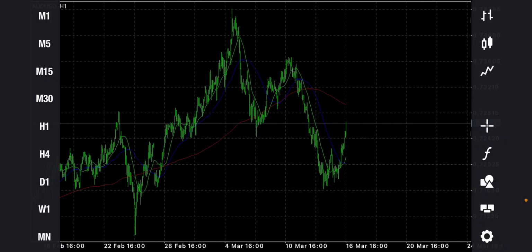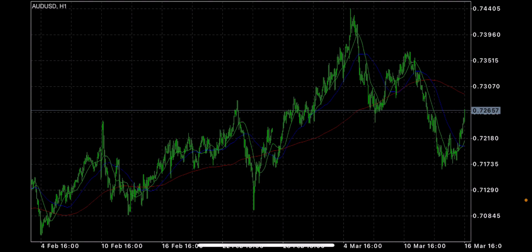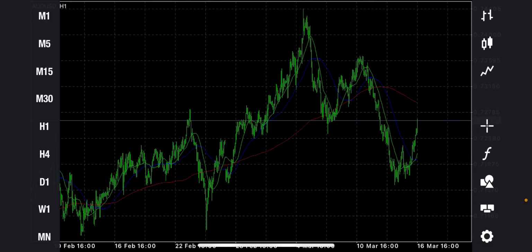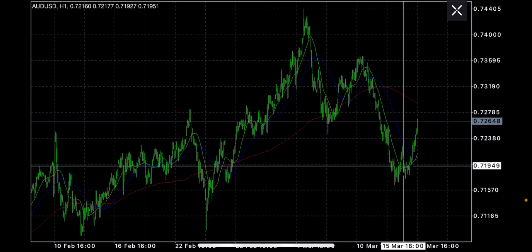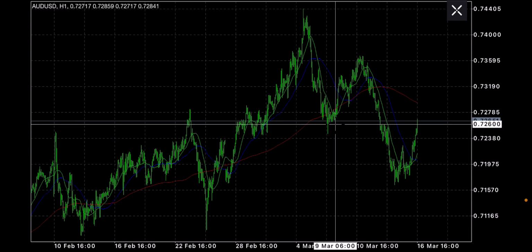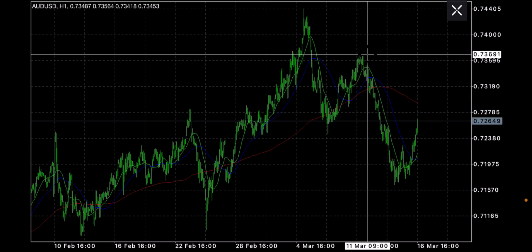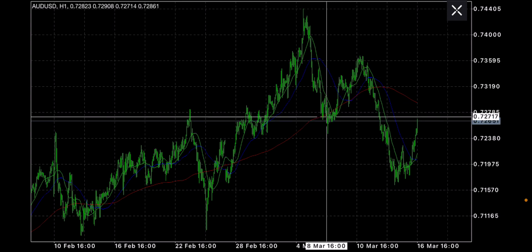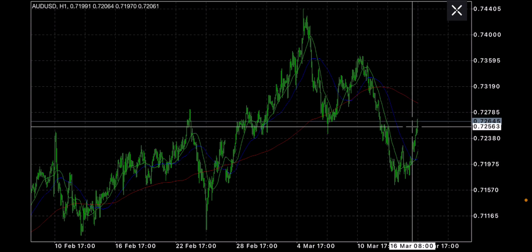For the most part, we've been going up pretty steadily in an uptrend. And as I said, we did have some poor economic news that caused a much more significant drop. Now, this may be perceived as a new lower high and a new lower low.